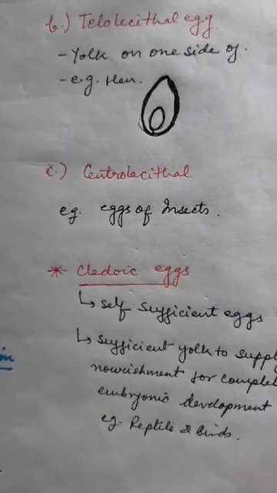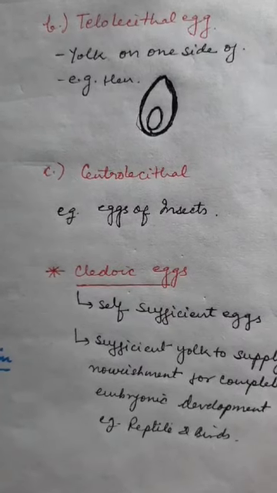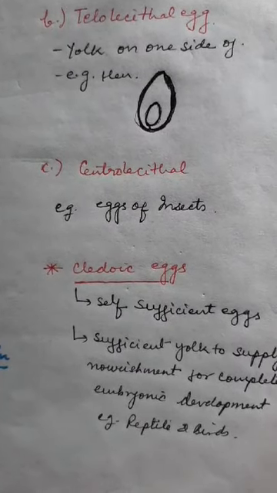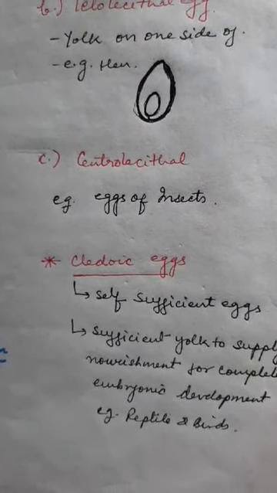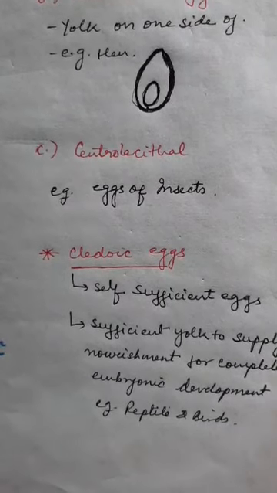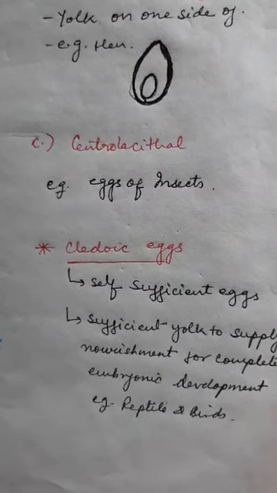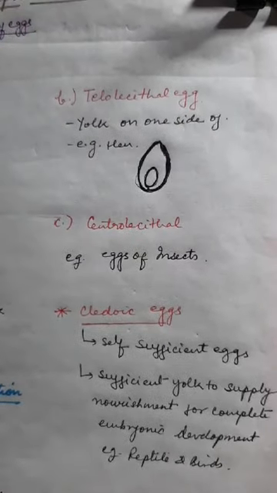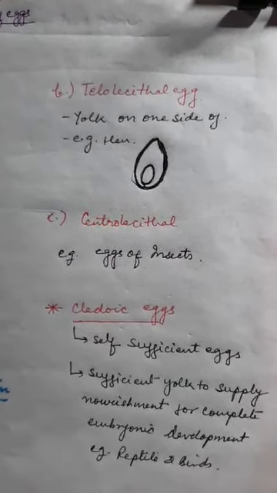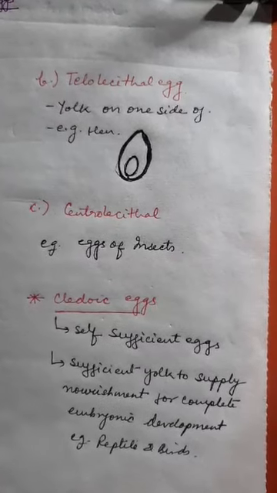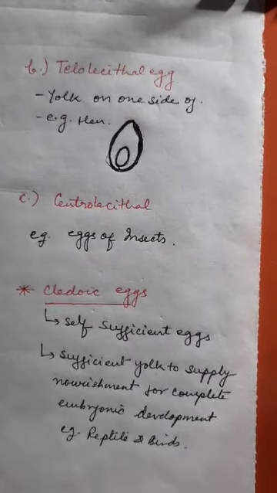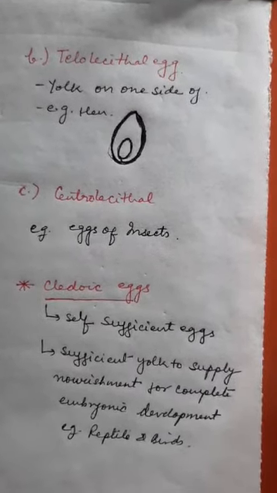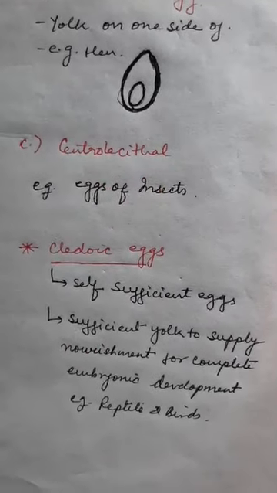If we cut hen's egg after boiling it, then egg shows the yolk content on one side, and such egg is called as telolithial, that is hens or birds. So you all must have seen this, on one side it gets accumulated. The third one is the centrolithial. As the name tells, yolk content is in the center, and it is seen in case of insects.